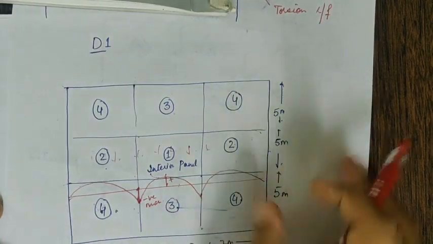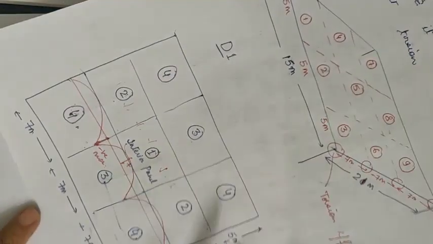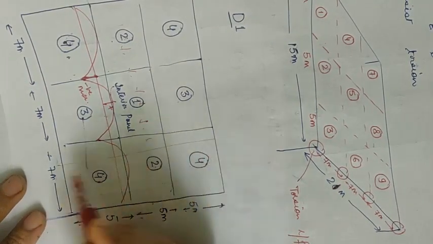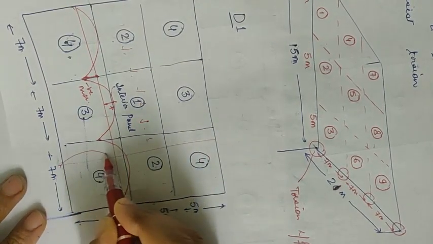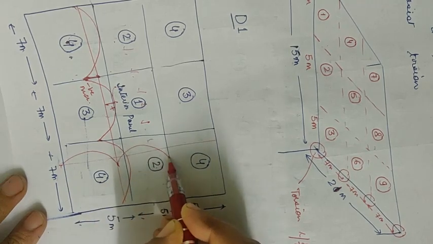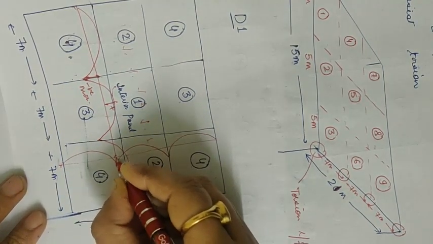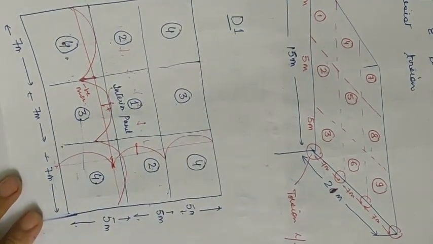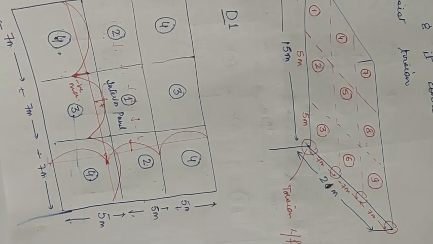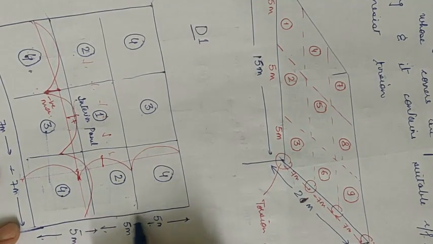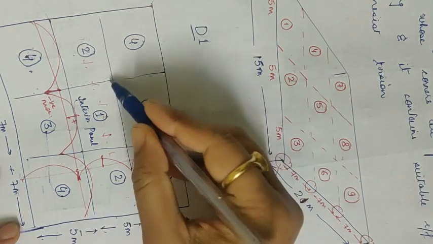Similarly, because it is a two-way slab, this particular interior panel is going to bend in the other direction also, and in the other direction also your bending moment diagram will be this. So there will be some negative coefficient here, some positive coefficient here. Is it okay? Now how do we take which is alpha x and which is alpha y? Now look at it. This is 5 meter span, this is 7 meter span.